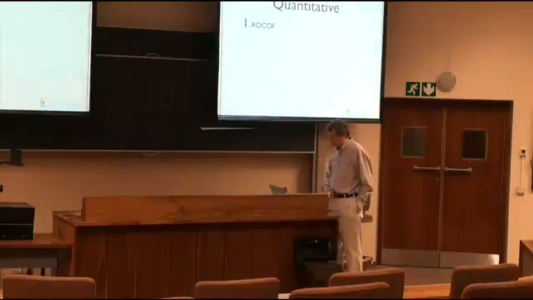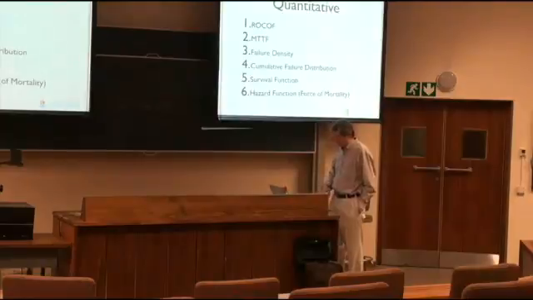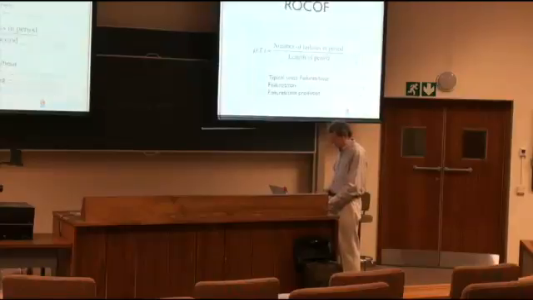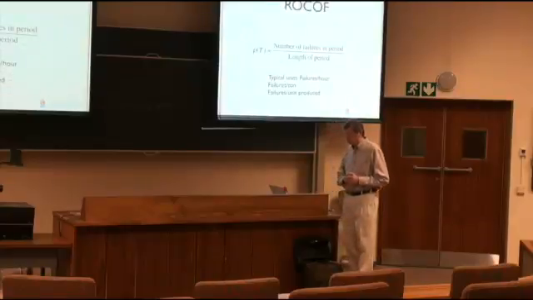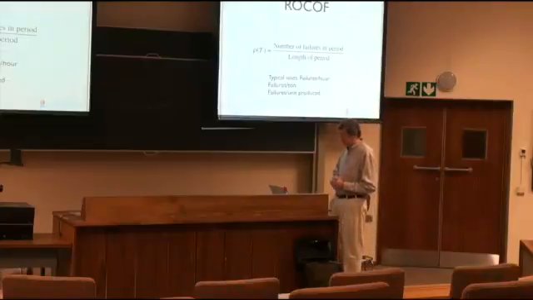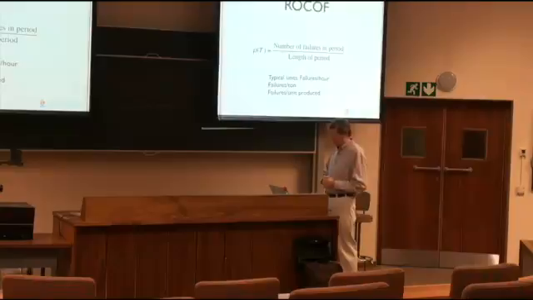Okay, so the ROCOF is then the number of failures in the period divided by the length of the period. And typical units is failures per hour, or failures per ton, or failures per unit produced, or whatever.